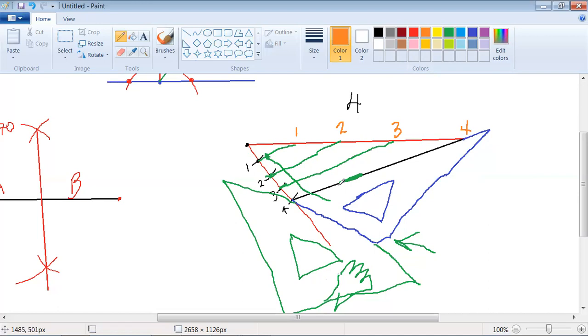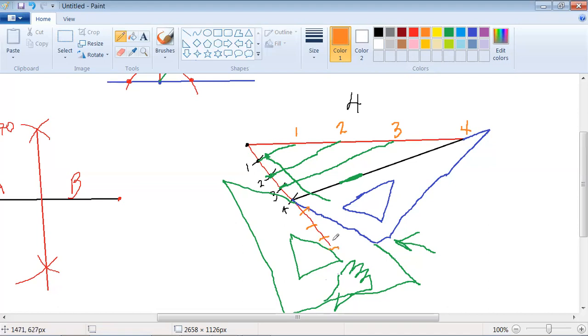This is the same principle if we're going to divide them in 10 equal parts. The only thing that changes is, if we want to do 10, we need to create 10 equal divisions here.